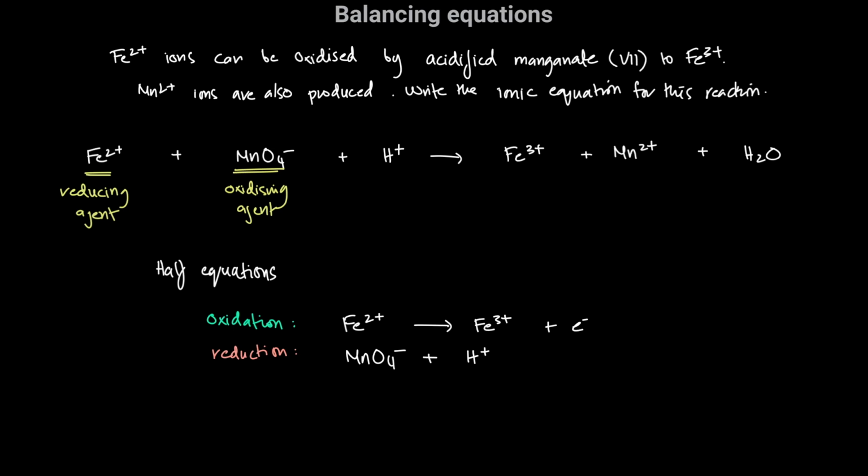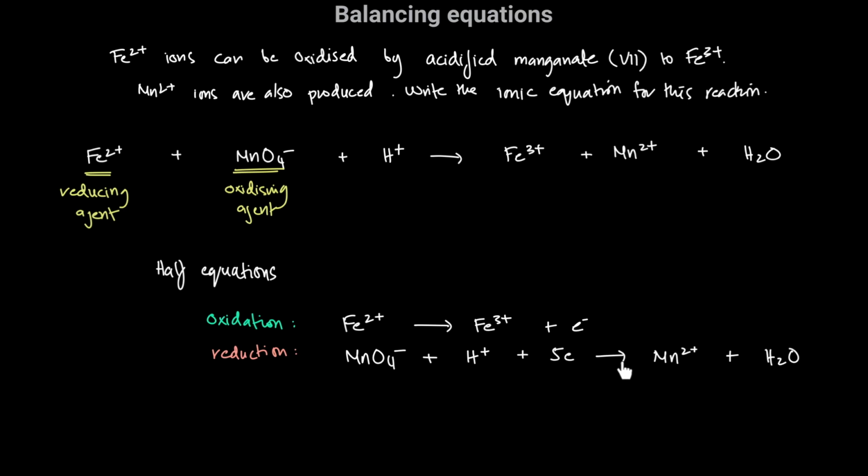Its oxidation number is decreasing by 5, so we have plus 5 electrons to form Mn2+ and H2O. The change in oxidation number is -5, so it's gaining 5 electrons. Since it's acidified, we also have to write down H+.